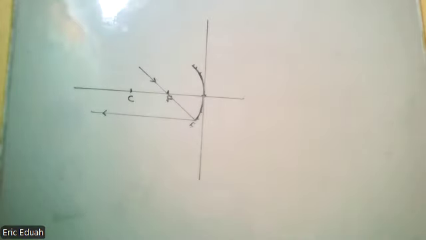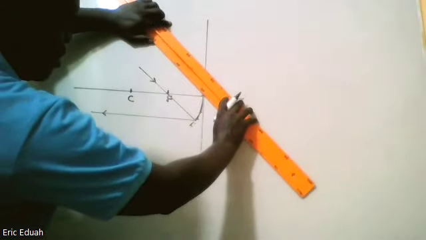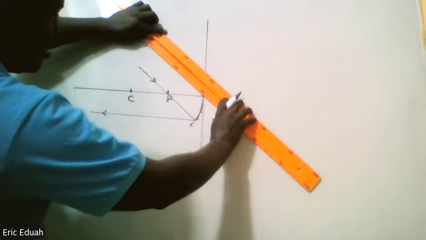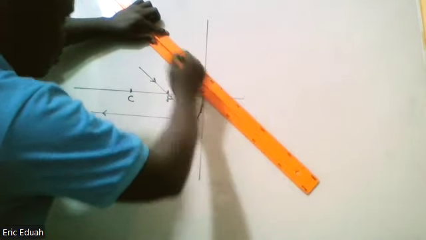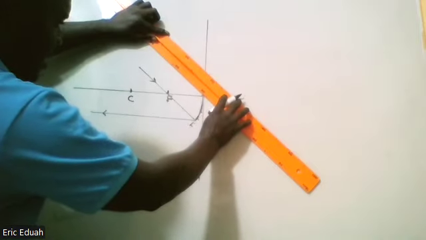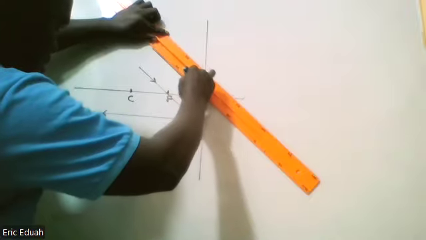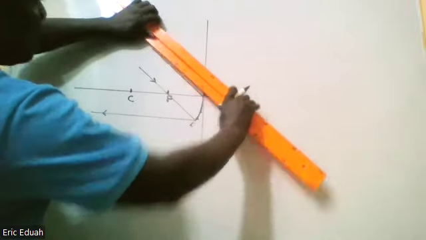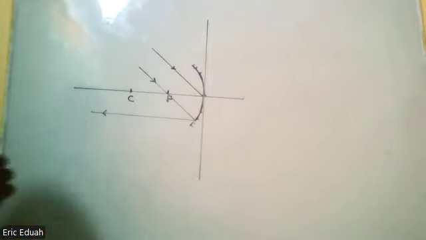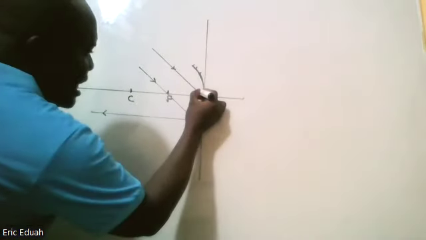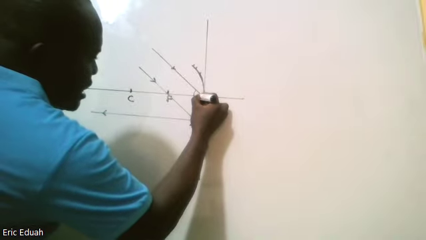Then a ray of light hitting the pole. And these two rays are parallel to one another. This is hitting the pole of the mirror. It must reflect at the same symmetry, meaning wherever this angle is, I need to have the same measured angle.